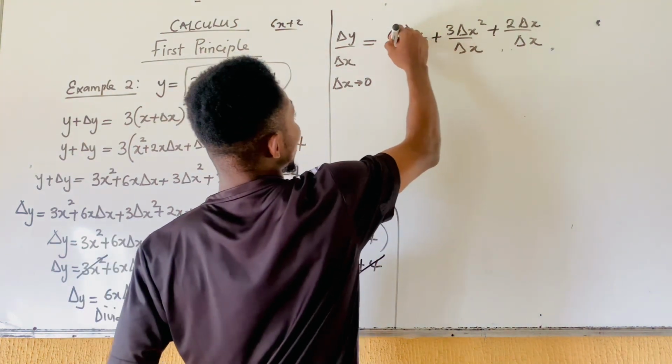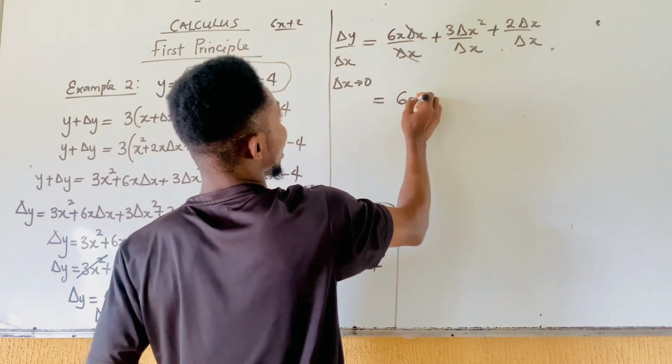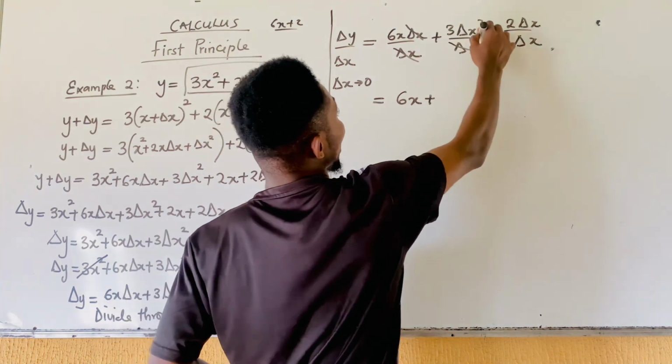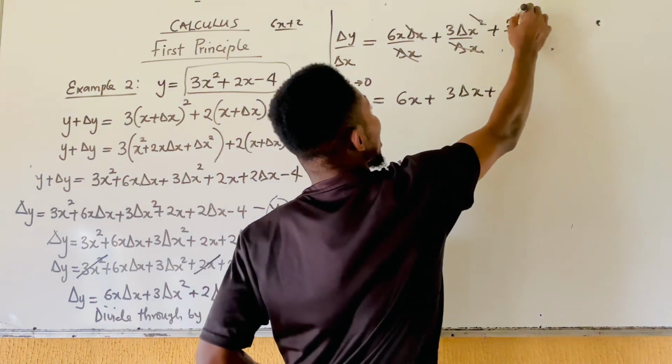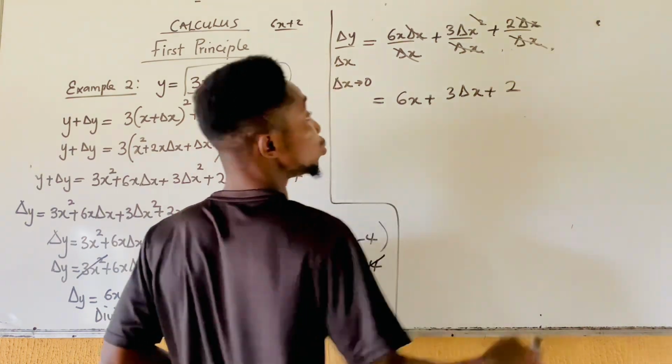So change in x, we cancel change in x. We are left with what? 6x. Change in x, we cancel one of the change in x. We are left with what? 3 change in x. Change in x, cancel change in x. We are left with 2.